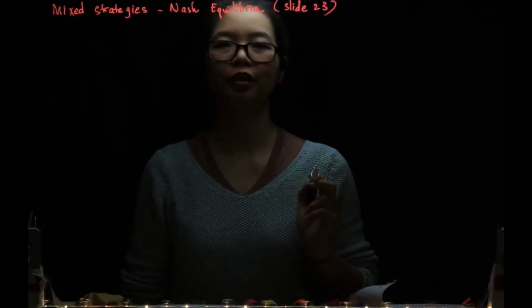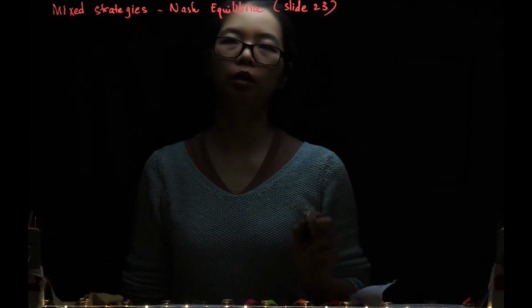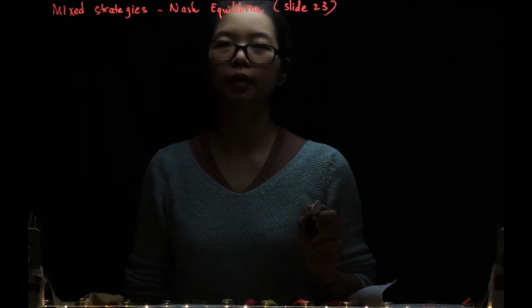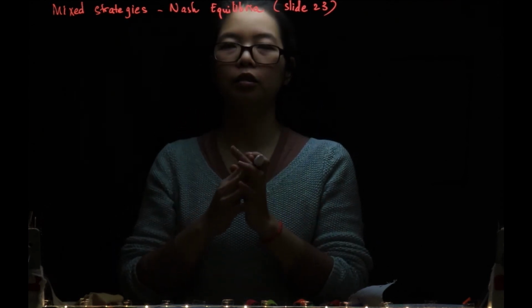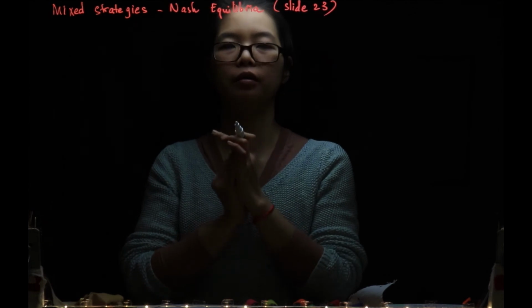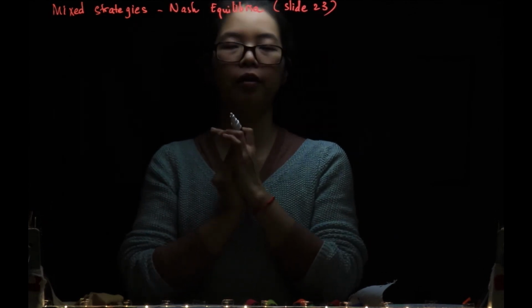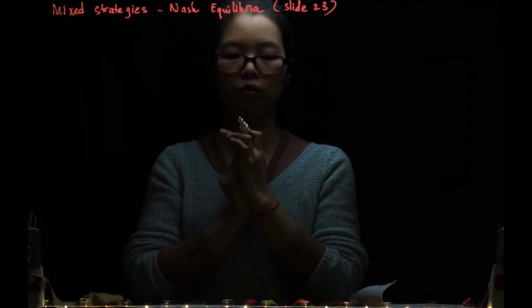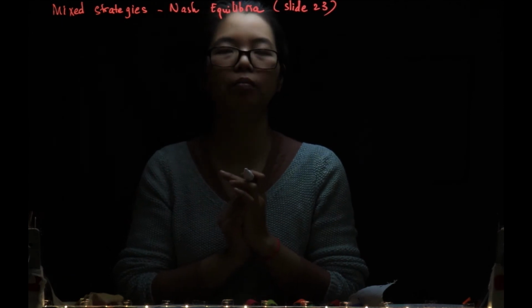The first thing we have to remember when we try to find a Nash equilibrium is that Nash equilibria are where all players jointly have their best response to all the strategies played by the other players.